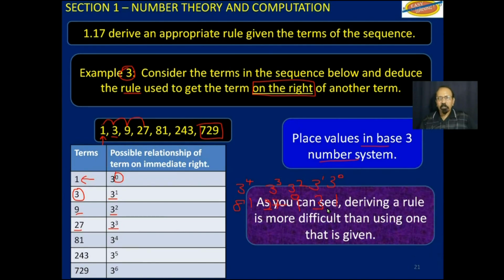As you can see, deriving a rule is much more difficult than using one that is given to get some additional terms.